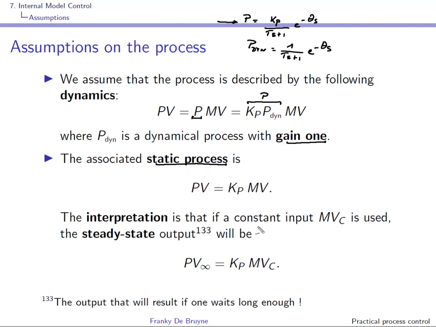The interpretation is that if we have a constant input and we put it at the input of the system and we wait long enough so that we look at the steady state output, this steady state output will be, of course, the static gain times the input, by definition of the static gain.